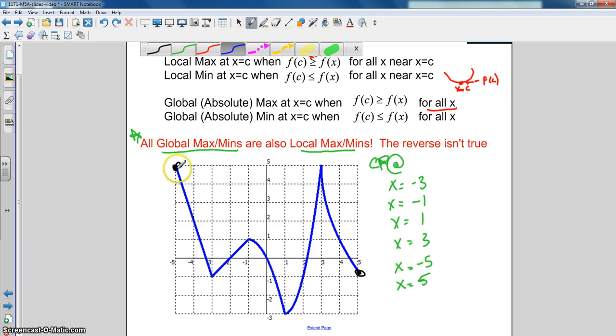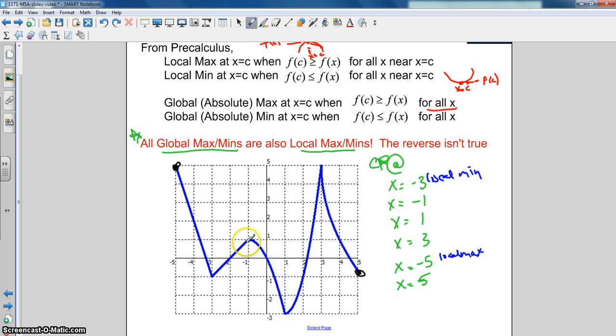So here we go through and we look at negative 5, and we look around it. There aren't any other higher values, so I'm going to say that at negative 5 I have a local max. Continuing left to right, at x is equal to negative 3, there are no other values lower than it, so at negative 3 there's a local min.